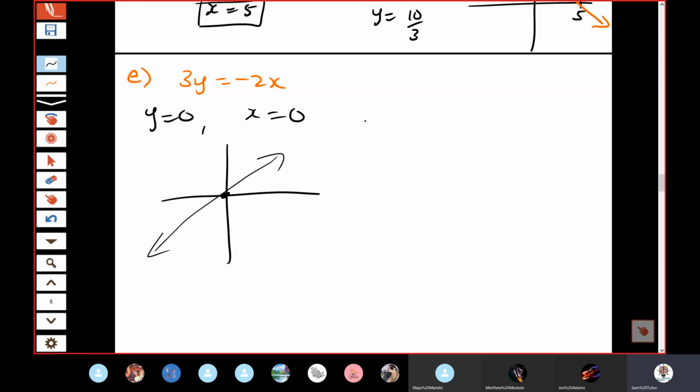If I checked x is 1, or just any random number, I get minus 2 times 1. So 3y equals minus 2 times 1, which is minus 2. Then, when I divide by 3, I get a negative value. Can you see when x is 1, you're saying y is positive?